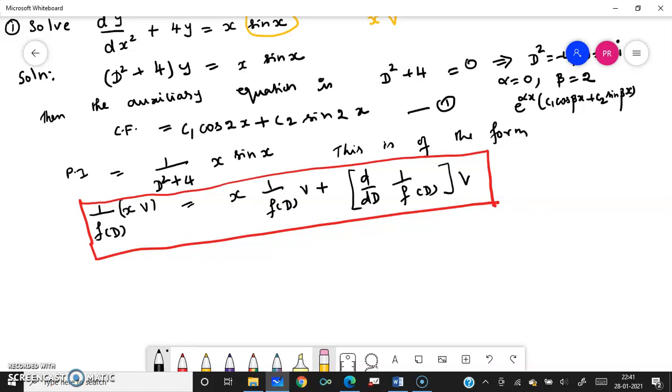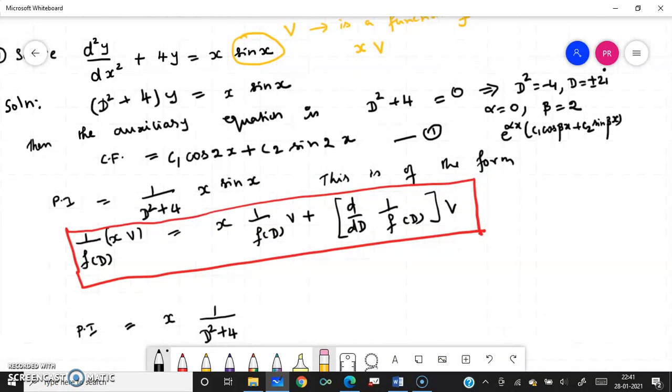So my particular integral will be equal to x, first I'll write normally, x into 1 by f of D. What is 1 by f of D? 1 by D square plus 4. This is my 1 by f of D. What is my v? In this question, v is sin x, right?